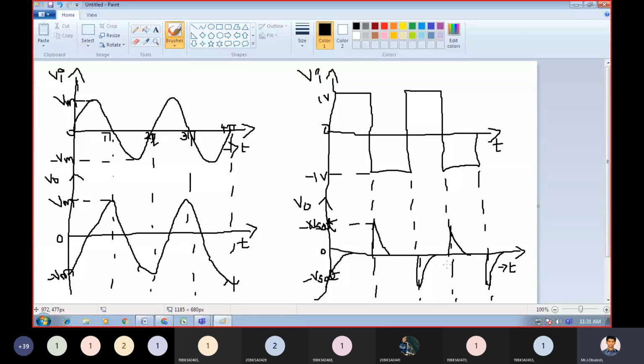Therefore, the output will get clipped. So, this is the practical differentiator explanation.